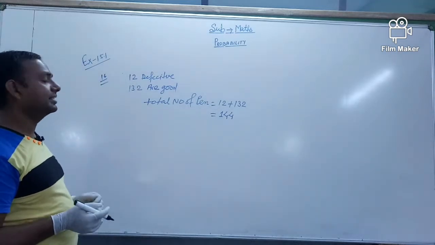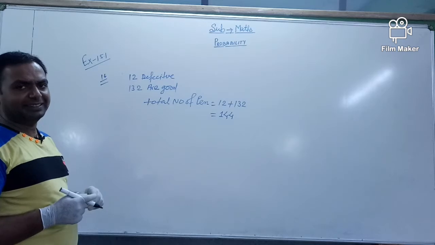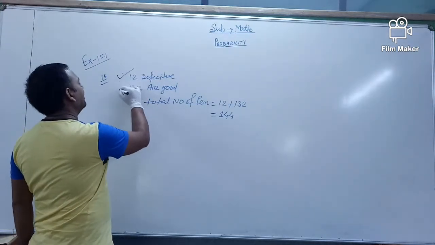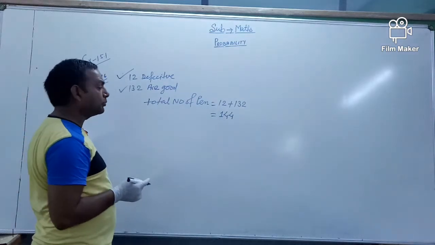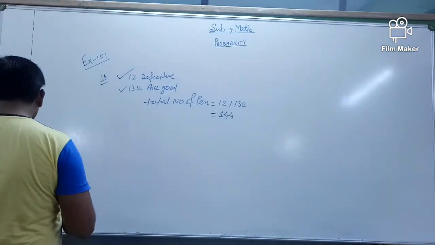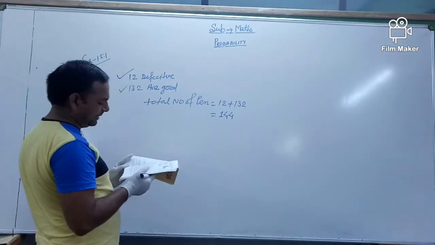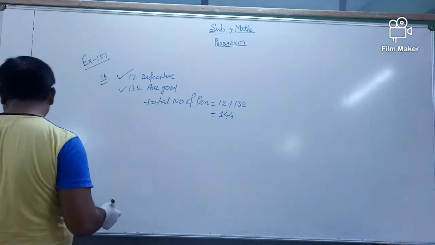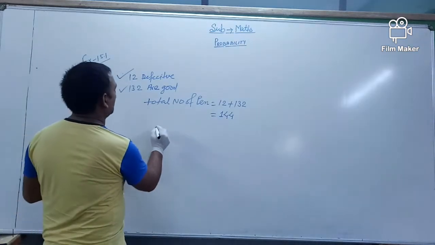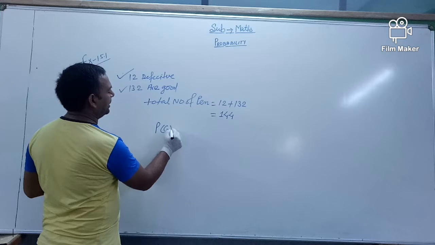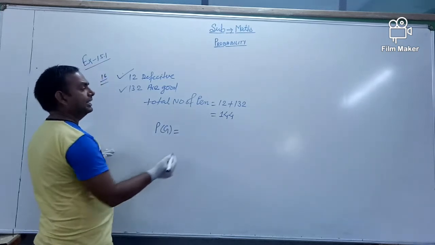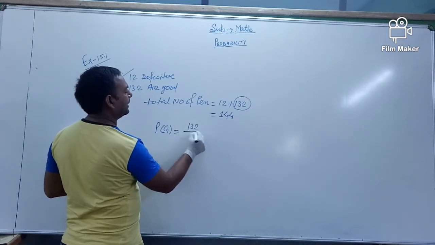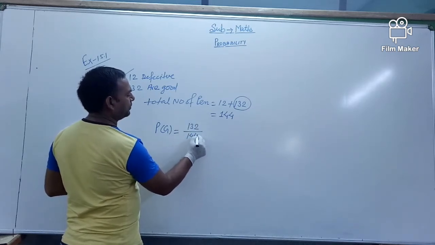Next, you take out one pen and that pen is good. So there are only 12 defective pens and 132 good pens. So find the probability that the pen is good. The probability of G, meaning the pen is good, is 132 divided by 144.